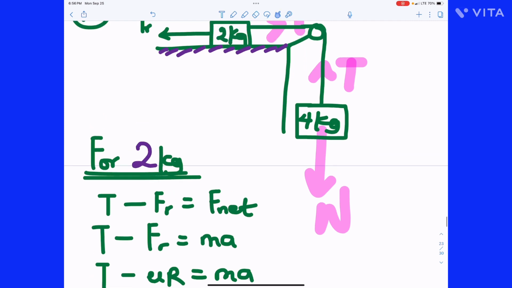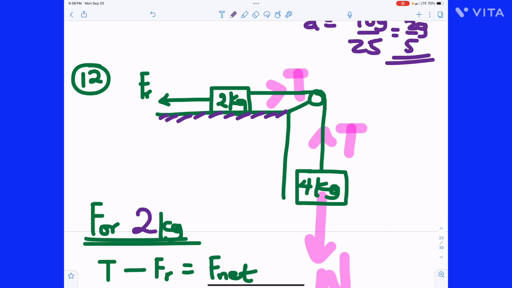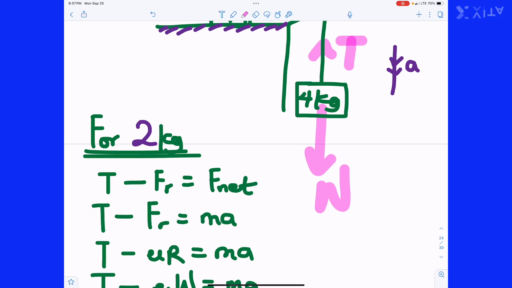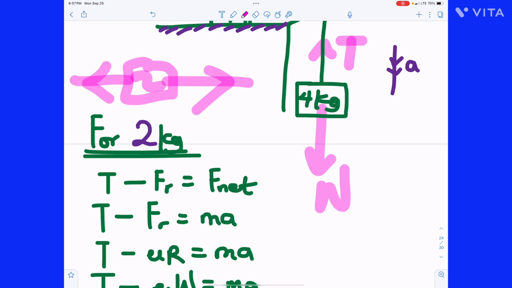Since the system accelerates downwards in this direction, don't let that mix with the previous question, the net force acting on the 2 kg mass is equal to tension minus friction. Tension is going to the right, friction is pulling it to the left, and the 2 kg mass is here.